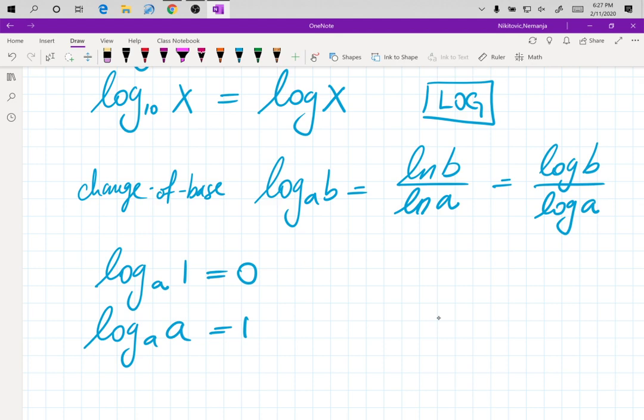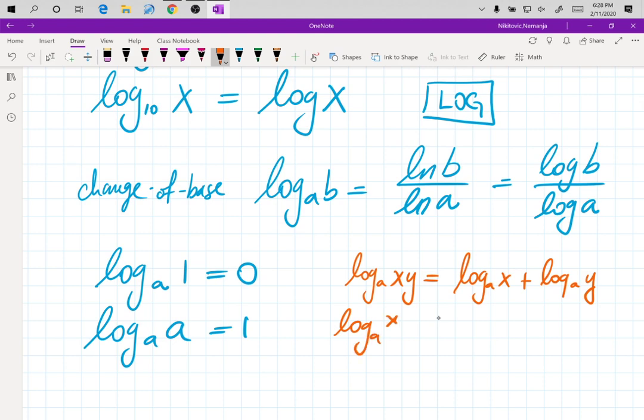And finally, to complete your ln world, the three formulas that we had in Calc 1: log base a of x times y is log a x plus log a y. Log a of x over y is log a x minus log a y.